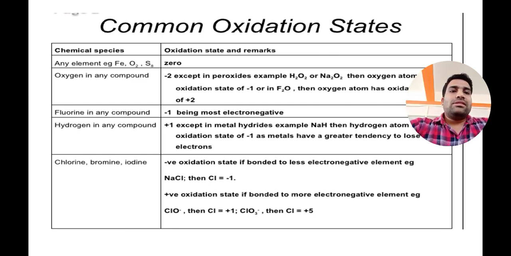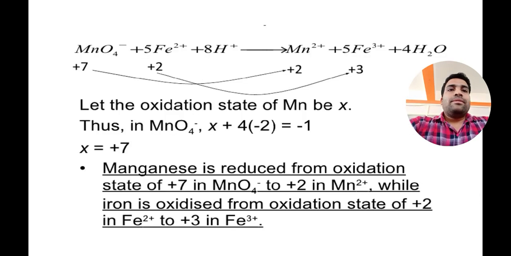They have a positive oxidation state if bonded to a more electronegative element, for example ClO minus, where Cl is plus 1, and in ClO3 minus, Cl is plus 5.